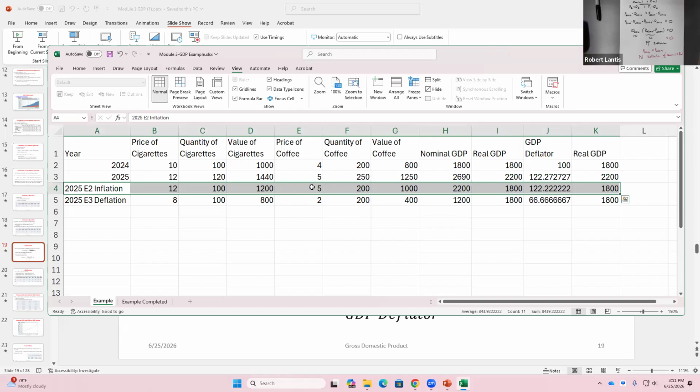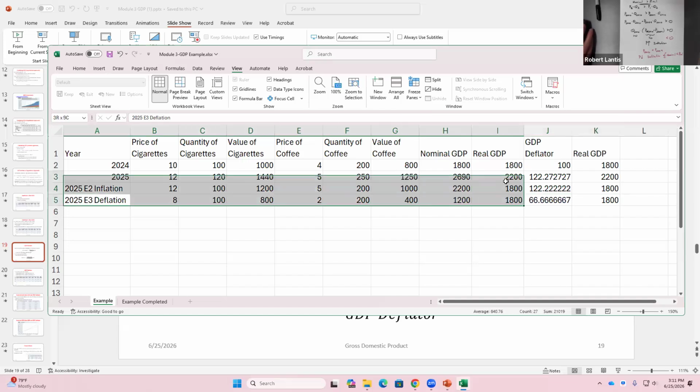We said anytime we have inflation, our nominal GDP is greater than our real GDP, and we would have a GDP deflator of something above 100. If we had deflation, we said what has to be true. Our nominal GDP is less than our real GDP, and we would have a GDP deflator of less than 100. So the math we went through, and these numerical examples, support the exact same statement.